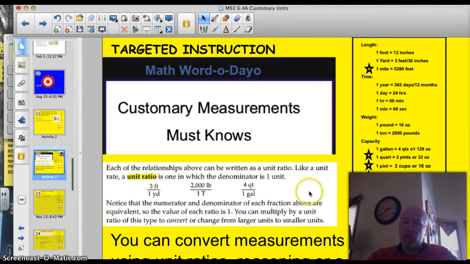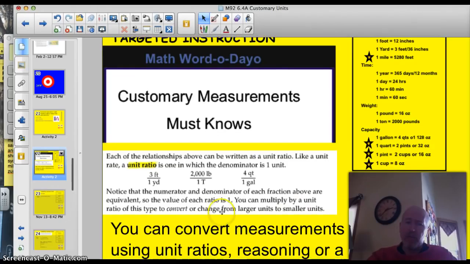The others are bonus, and oftentimes people will have to consult a chart just like the one I gave you to figure it out. Each of these relationships is written as a ratio, or can be written as a ratio, like a unit rate. A unit ratio is one in which the denominator is 1 unit. Look at 3 feet and 1 yard.